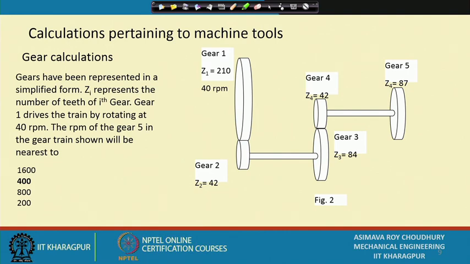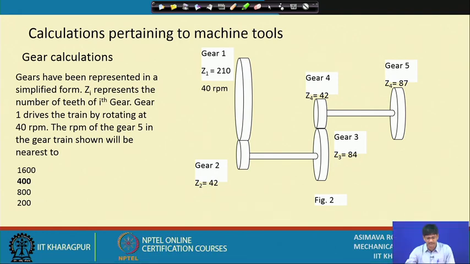So, in this particular view, we are seeing gear numbers mentioned to identify them, and numbers of teeth have been mentioned as Z I. So, Z 1 represents the number of teeth of gear 1, Z 2 represents the number of teeth of gear 2, and the rotations per minute of the first gear has been mentioned. So, this is the input.